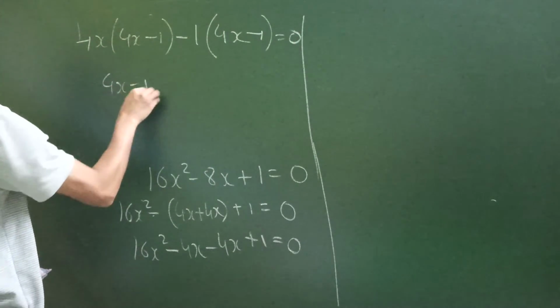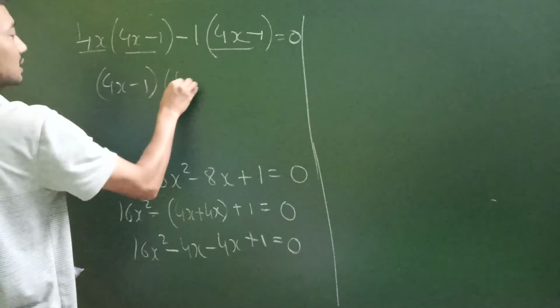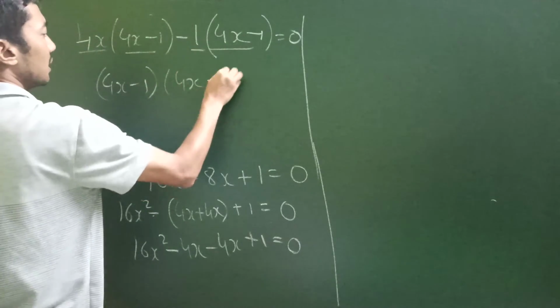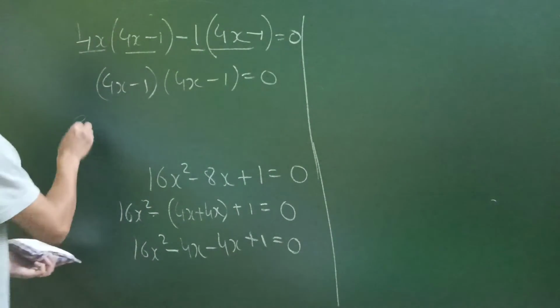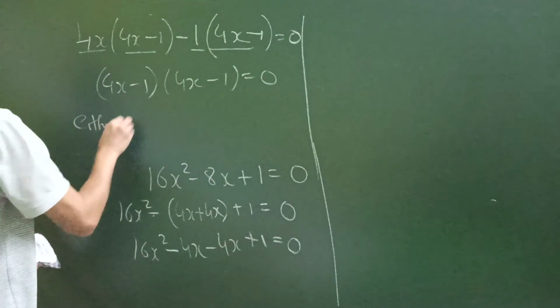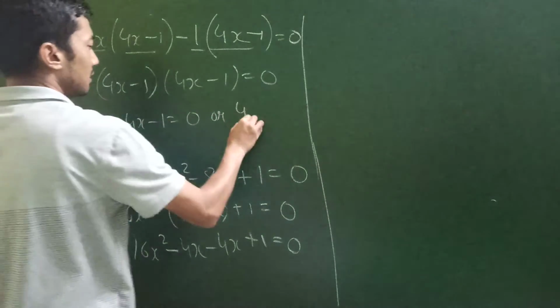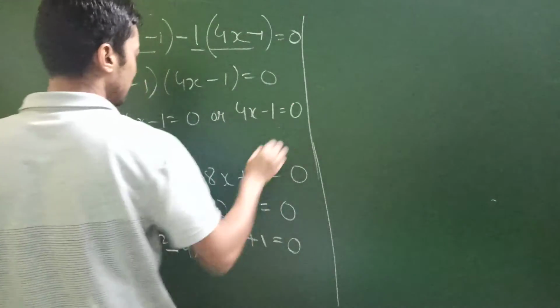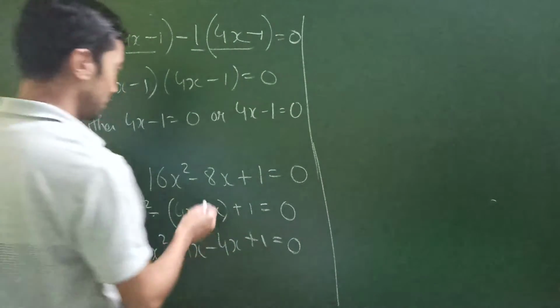So I have 4x minus 1, by taking these two common. So here what is left? 4x. Here what is left? Minus 1 equal to 0. Either 4x minus 1 equal to 0, or again 4x minus 1 equal to 0, because every quadratic equation will have two roots.